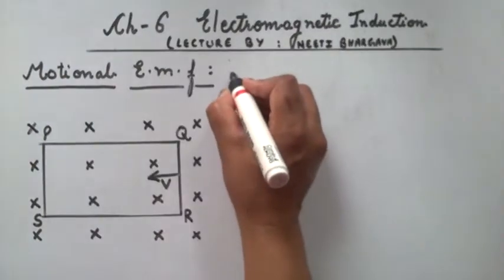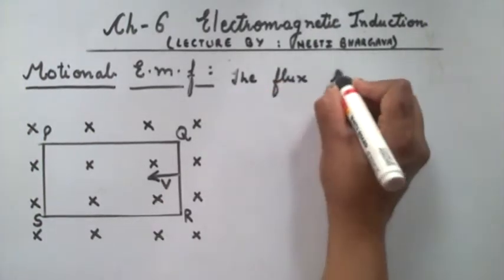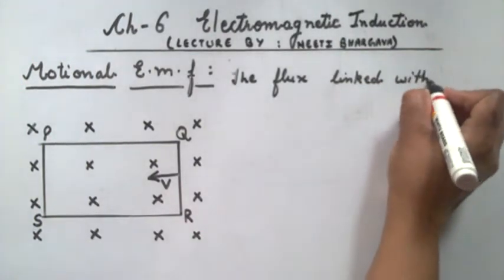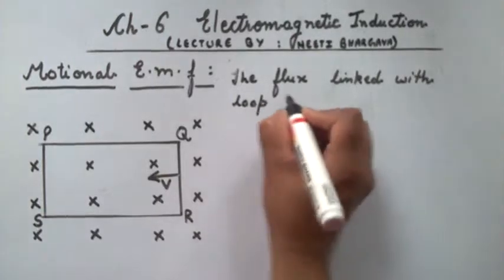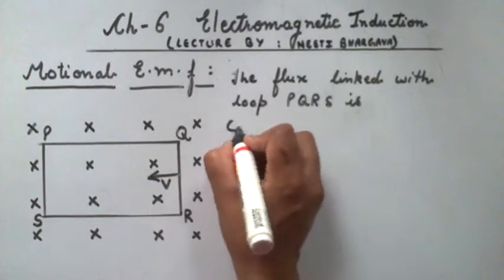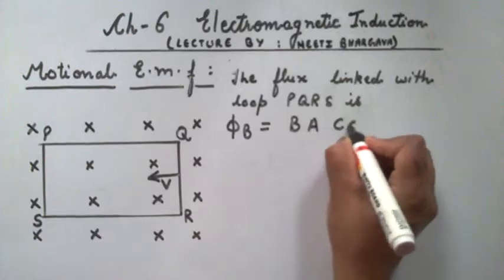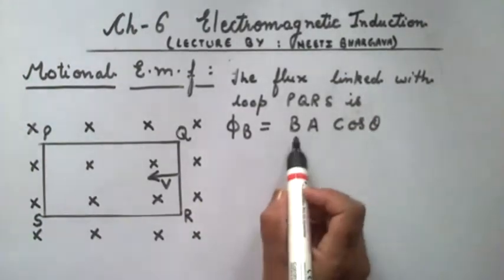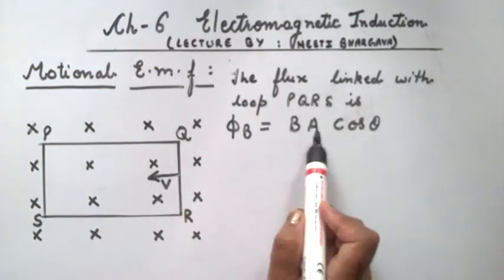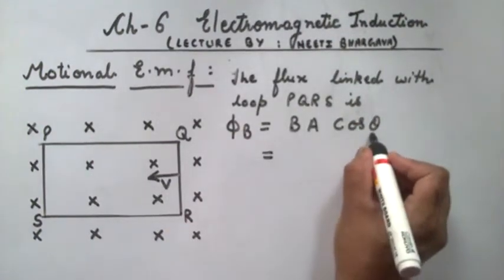Thus the flux linked with loop PQRS is given as BA cos theta. Theta is the angle between magnetic field and area vector. Here magnetic field is perpendicular to area and area vector is along magnetic field, that is making an angle of 0 degree.